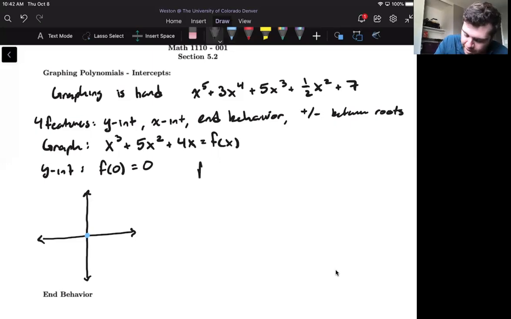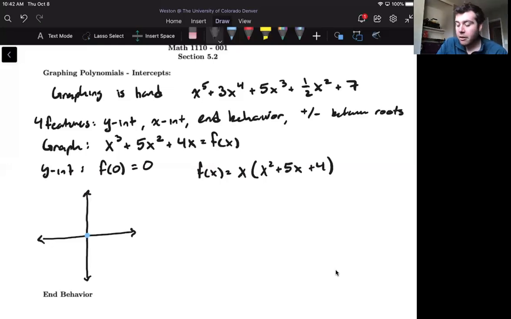We notice that we can actually pull out an x, because each term has an x. That leaves x squared plus 5x plus 4. And then we know how to factor x squared plus 5x plus 4. So take a second to do it on your own. Pause the video and think about it.